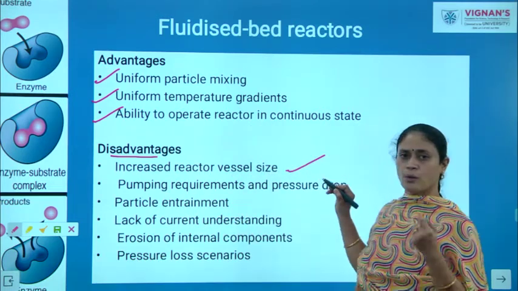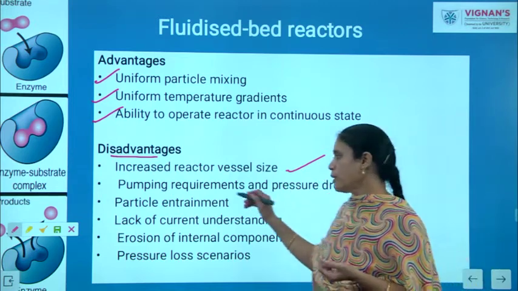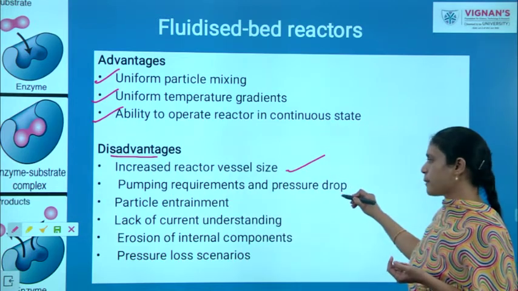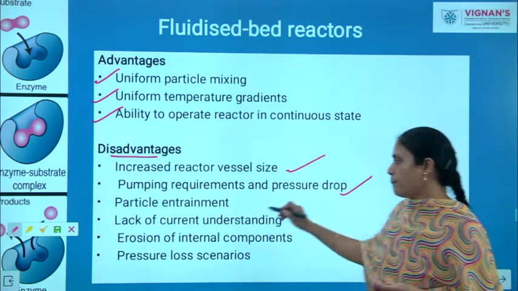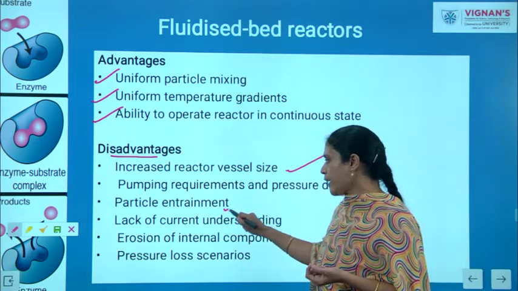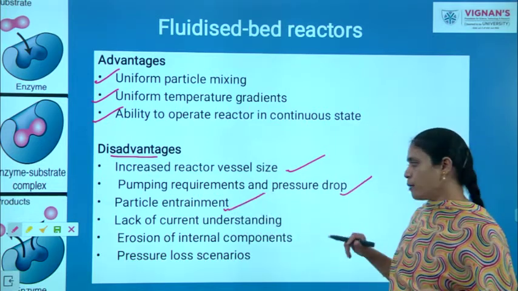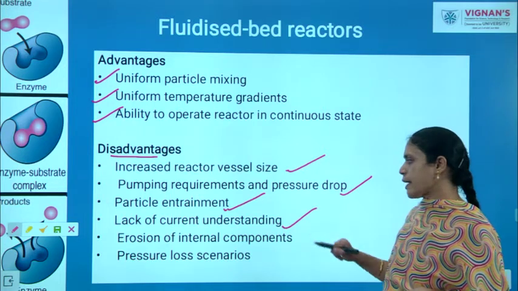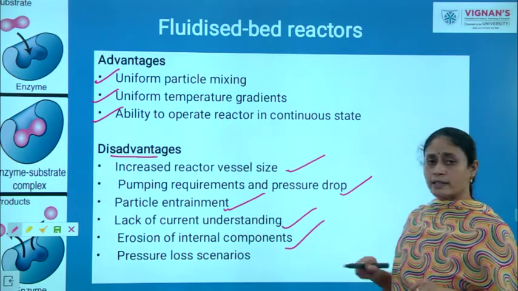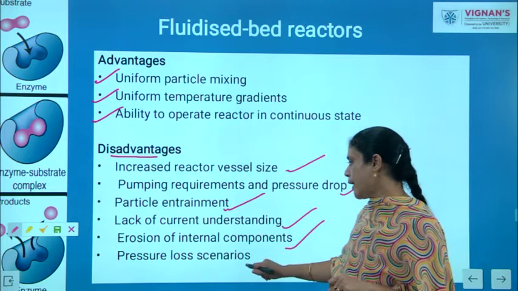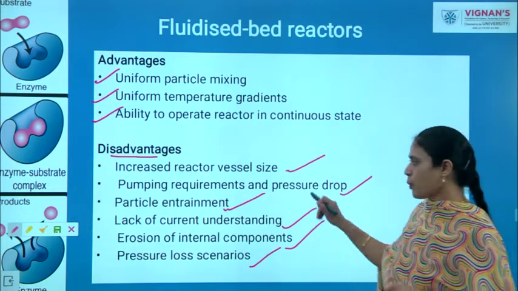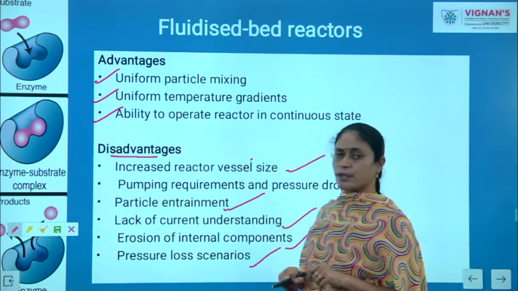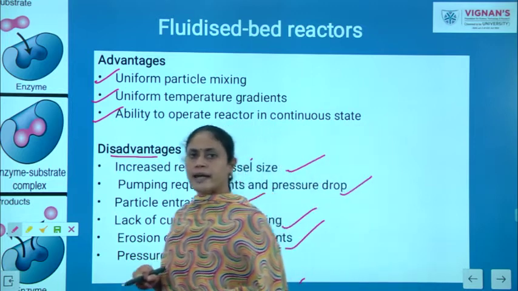Increased reactor vessel size is one of the problems, and pumping requirements and the pressure drop is another. Particle entrainment is one of the major problems. Lack of current understanding, erosion of internal components and pressure loss. These are the various disadvantages related with your fluidized bed reactor.